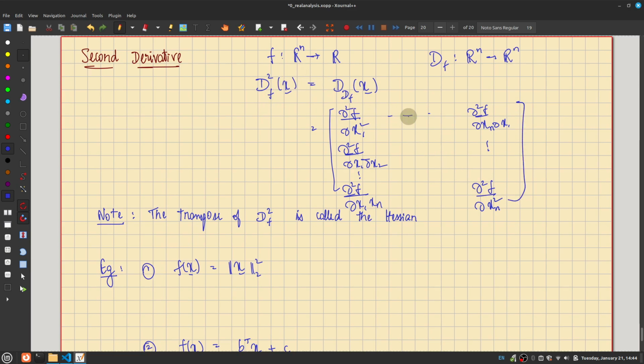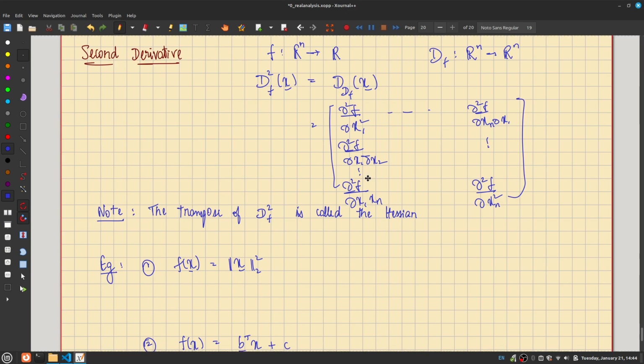Of course, the second derivative is equal to this matrix only if all the second order partial derivatives exist and are continuous. Okay. But in most examples that we'll see, at least almost everywhere, this will always hold.